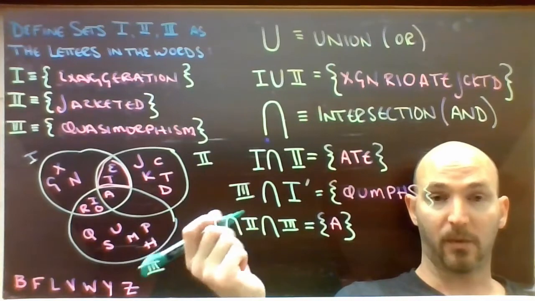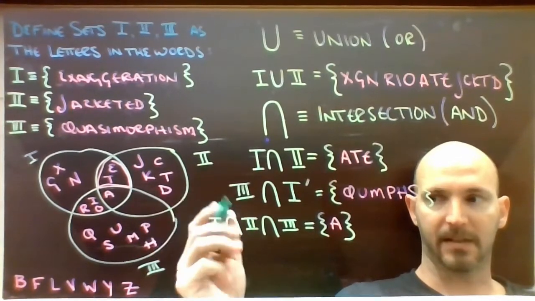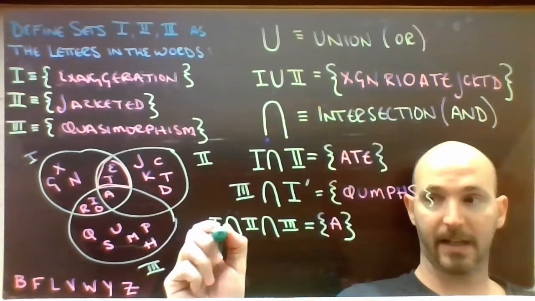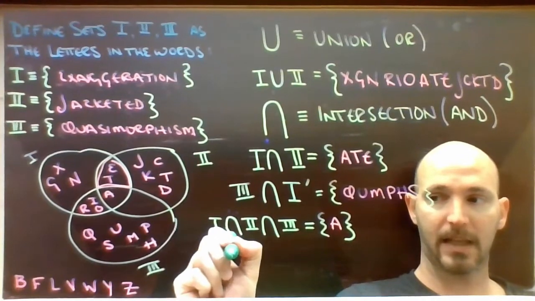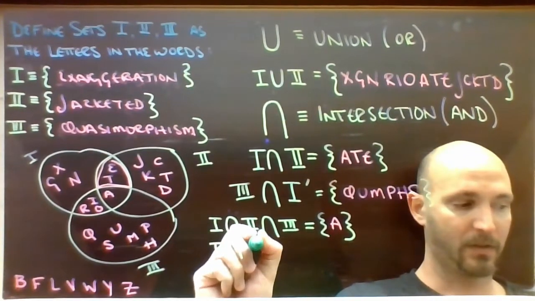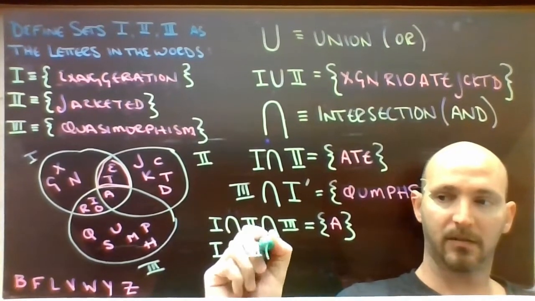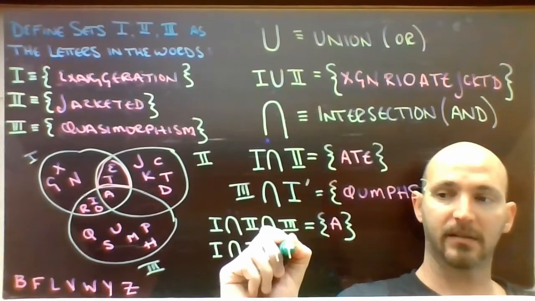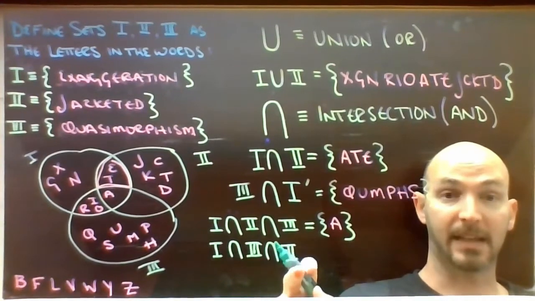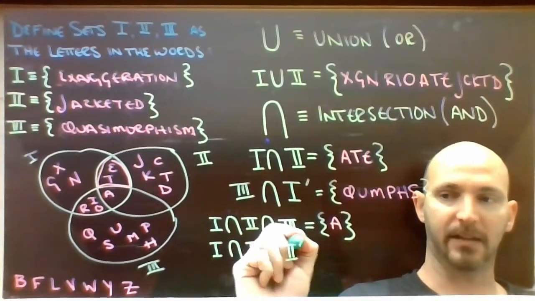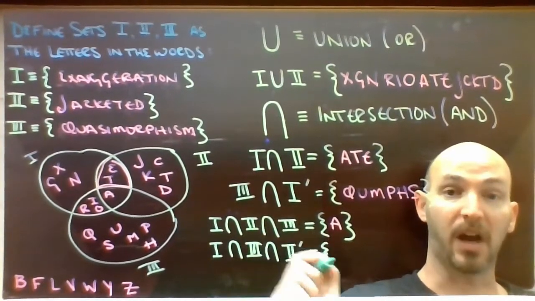Last example before we try and name this little empty space here. I'd like to try in 1 and 3, but not 2. Now to make that say not 2, I'm going to put the little tag on there. A little prime is what that's called.